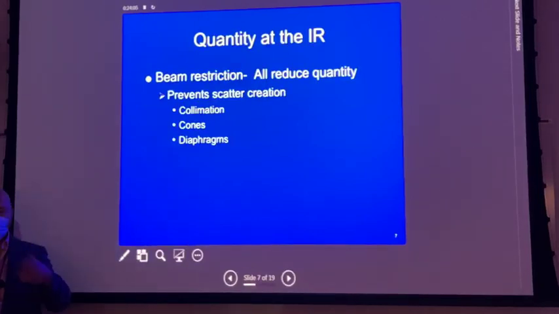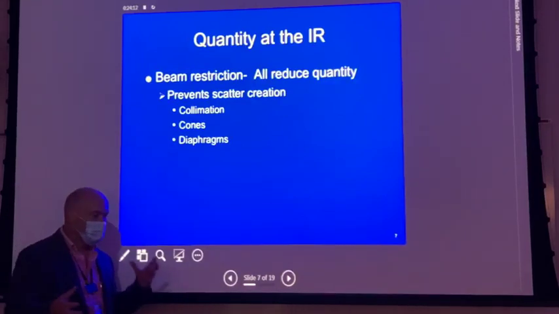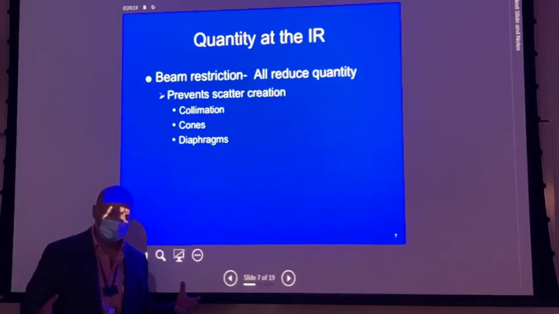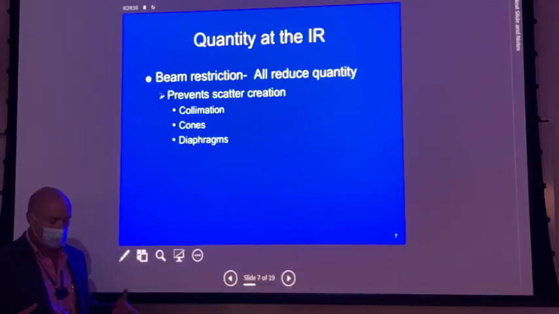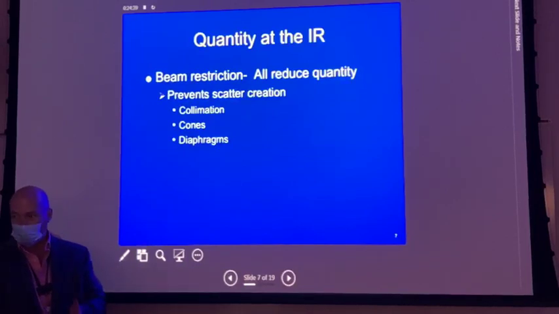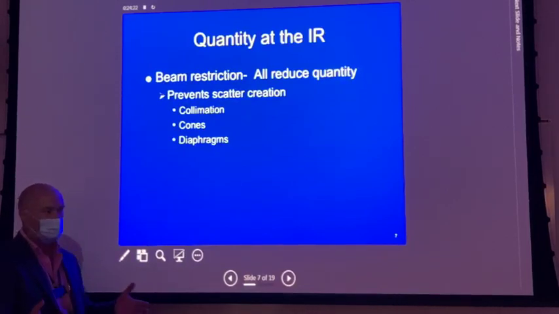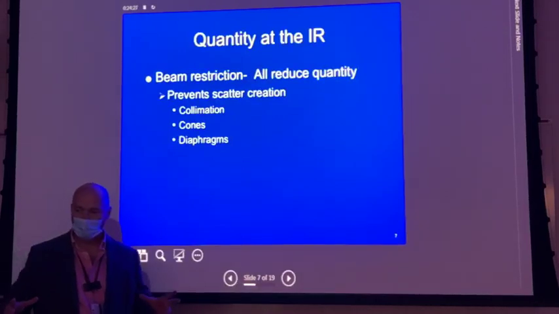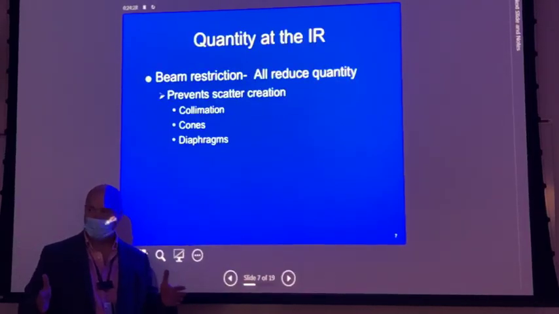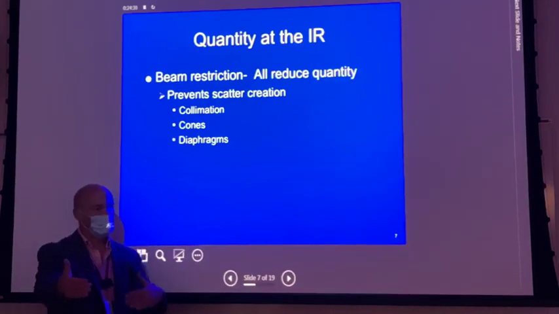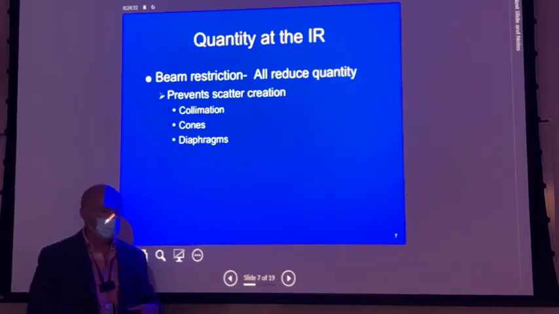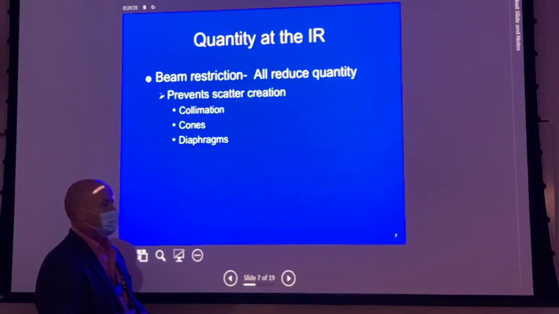So if you're ever messing around in the x-ray room, you can kind of create a patient. Take saline bags and lay them on the x-ray table and put something in the middle that would represent anatomy. Saline bags do too, but they just create scatter. Take a basin of water, one of those big square plastic tubs of water, and put two of them with something in between them.